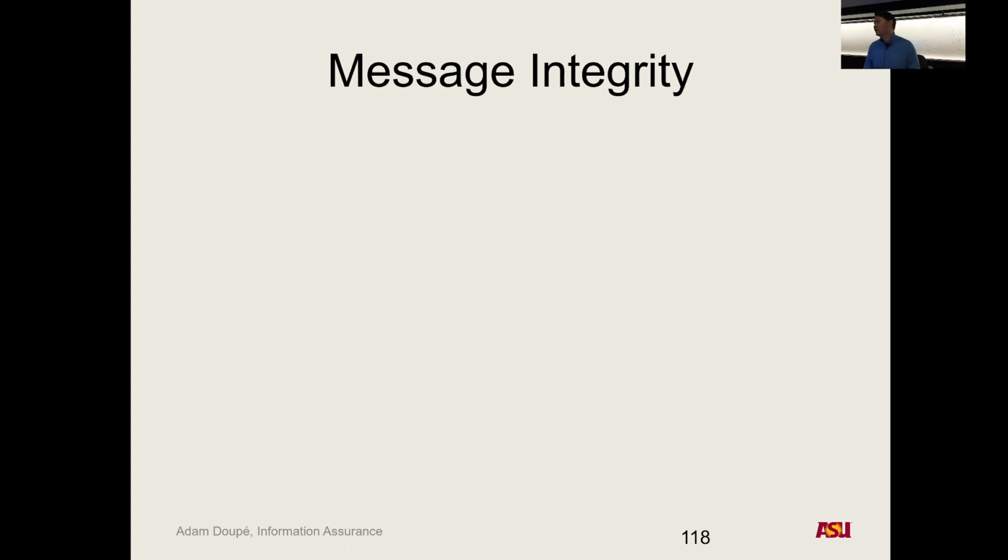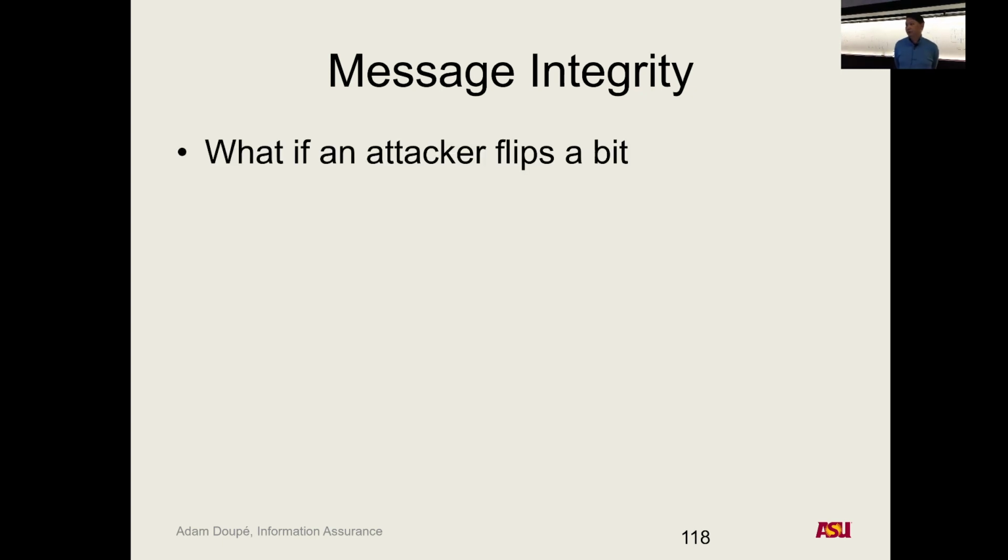Following the last class, we will cover the hash functions today, and I will show you some demos for the remaining challenges. For hashing functions, we have to talk about message integrity. What is integrity?